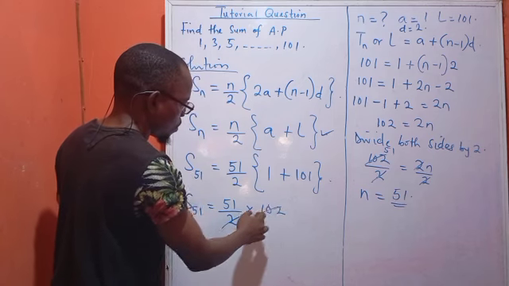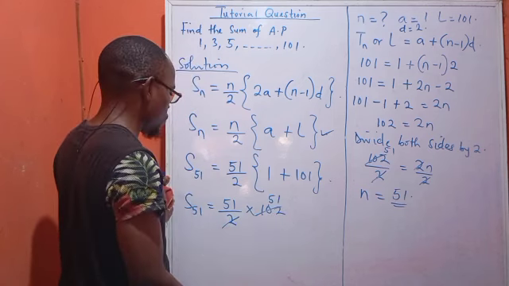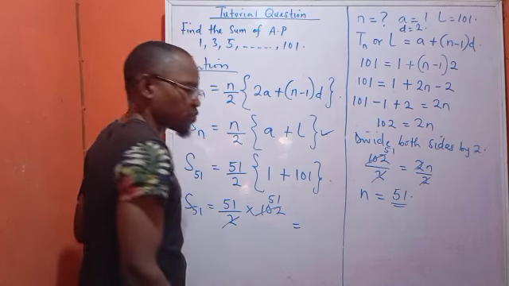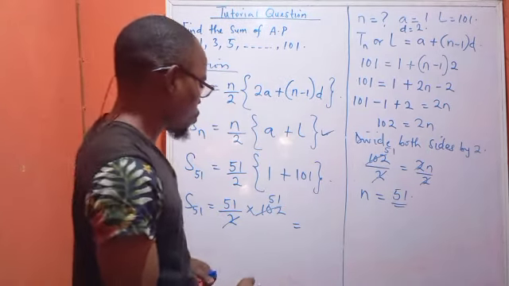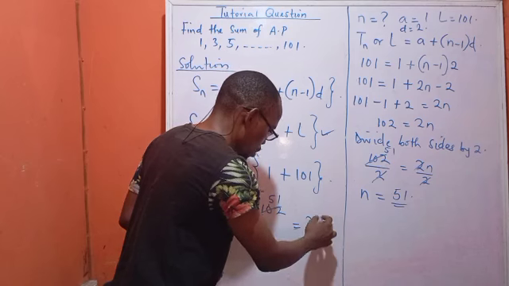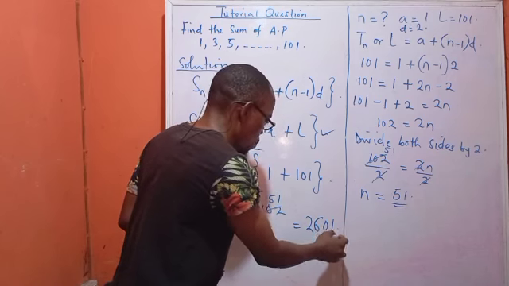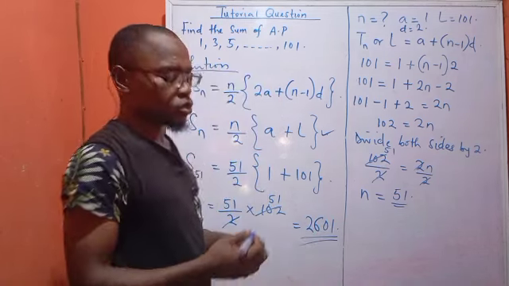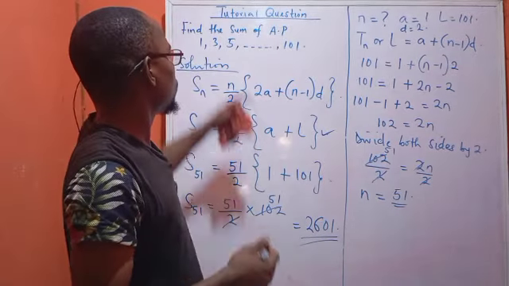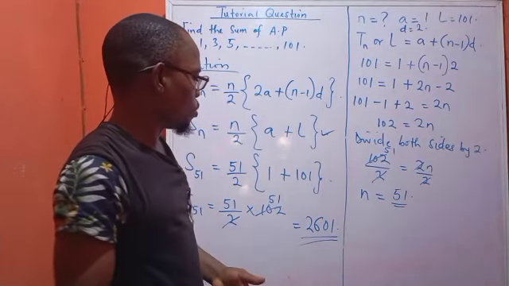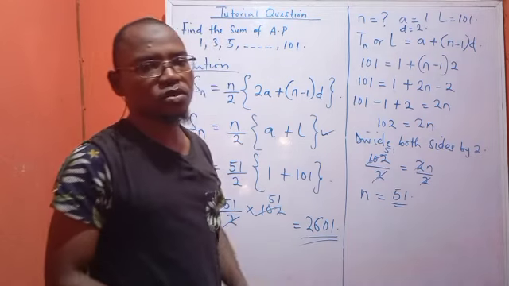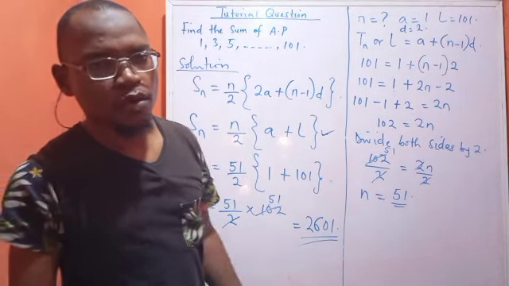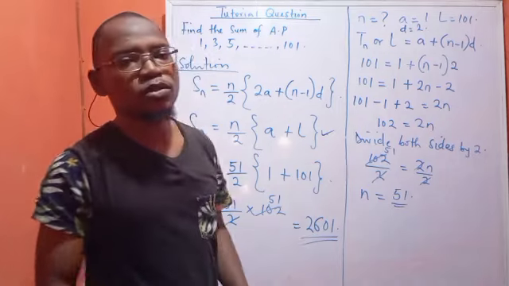Divide, and this will give us 51. So 51 times 51, if you punch your calculator, that should give you 2601. So the sum of the arithmetic progression for these values here is 2601. Okay, so that's the answer to it.